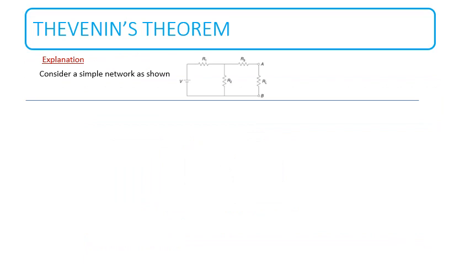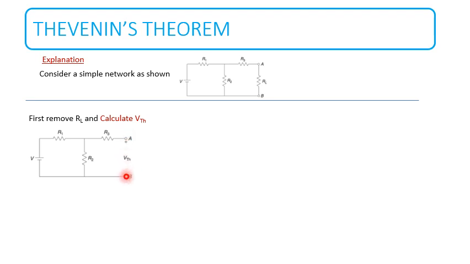Let's consider an example. We have a circuit like this. The first step is to find the Thevenin voltage VTH. In order to find the Thevenin voltage, remove the load resistor between A and B. Then redraw the circuit. Now the voltage across A and B is the Thevenin voltage.